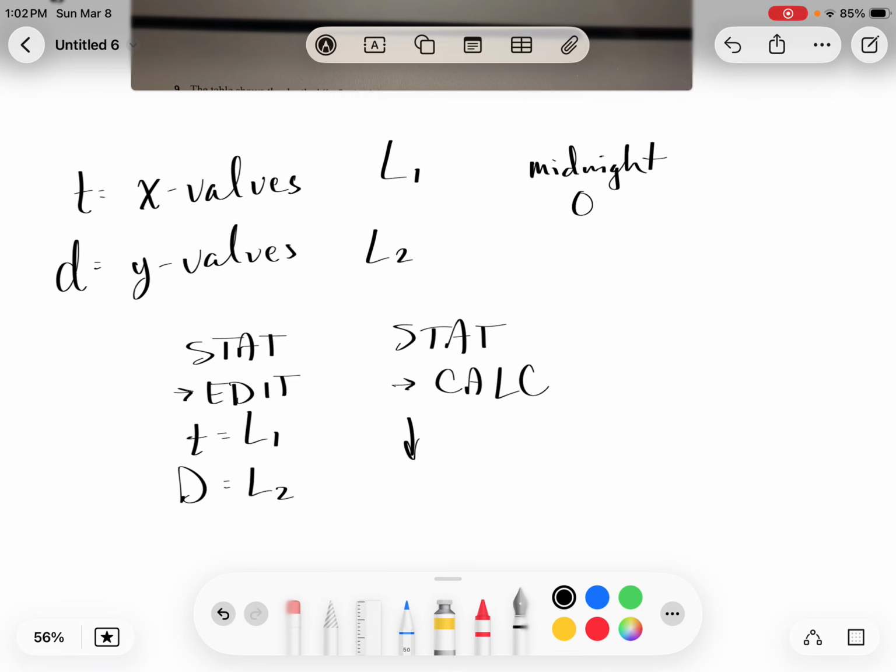And you go down to where it says sine reg, I believe it's what it's called. Then hit enter, or calculate, and then you just write down what you get. So that's number 9. I just don't have a calculator to show you the answer there.